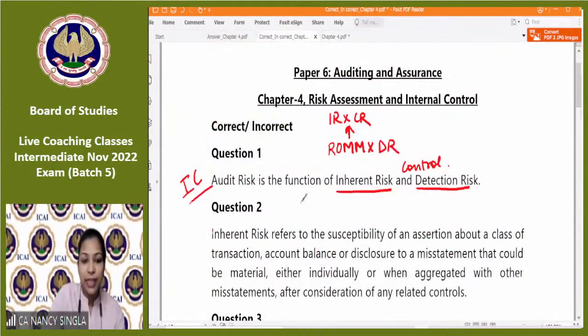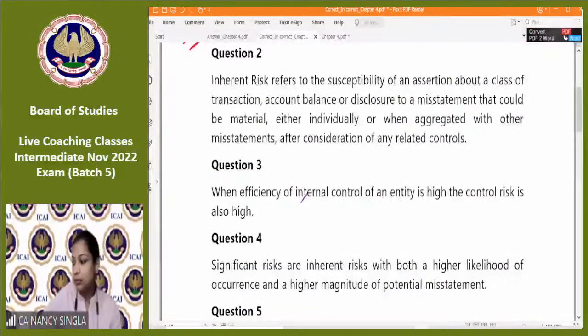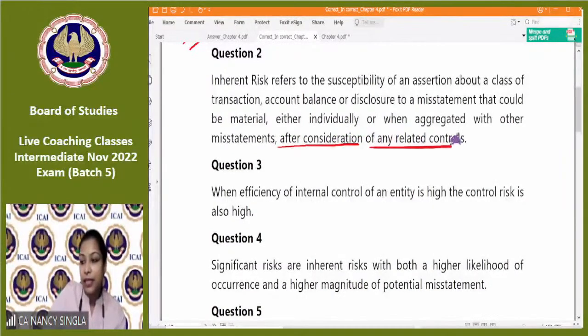Question number 2, please send in your replies. Inherent risk refers to the susceptibility of an assertion about the class of transaction, account balance, or disclosure to a misstatement that can be material either individually or when aggregated with other misstatements after consideration of any related control.